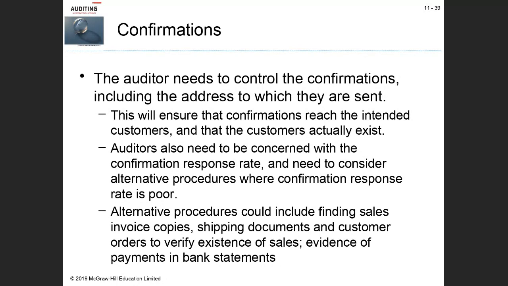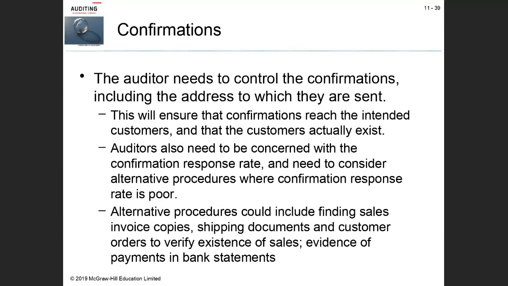Maybe the customers don't exist. Maybe the addresses are wrong. All of that might reflect fraud and or other errors in the internal control system. So where the confirmation response is poor, the auditor has to consider using alternative procedures. I should look for more cash coming in after the end of the year because the customers, for some reason, aren't responding.